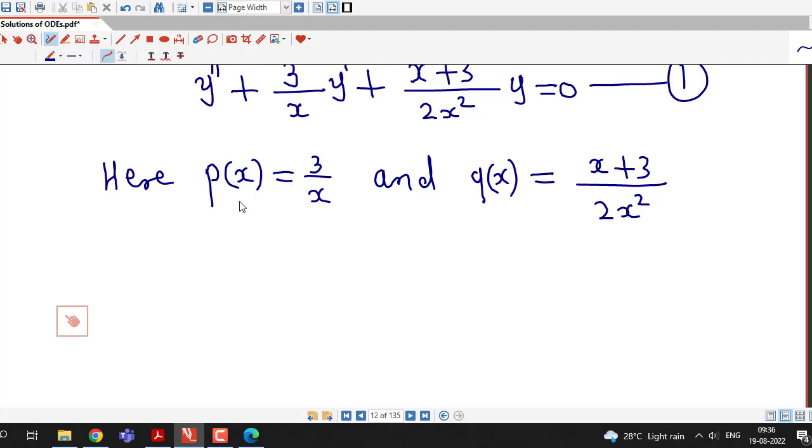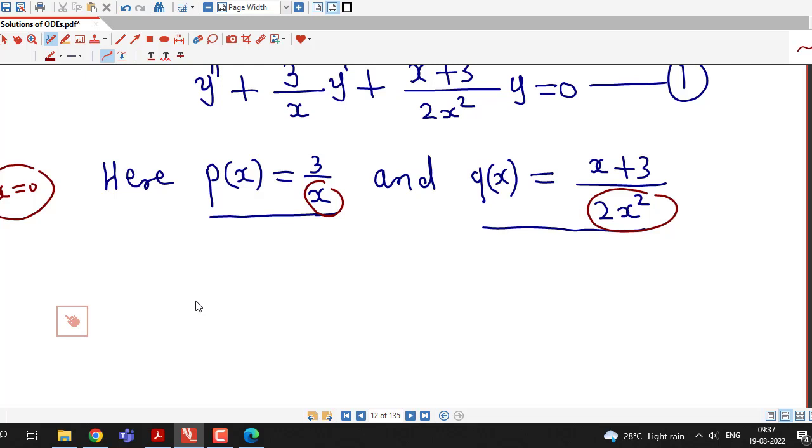Now it is clear that p(x) and q(x) are rational functions, that is, division of polynomials, and the only point at which the denominator becomes 0 for both functions is x equal to 0. So at x equal to 0, p(x) is not analytic, and q(x) is not analytic. In other words, p(x) and q(x) are both analytic at every non-zero point x.